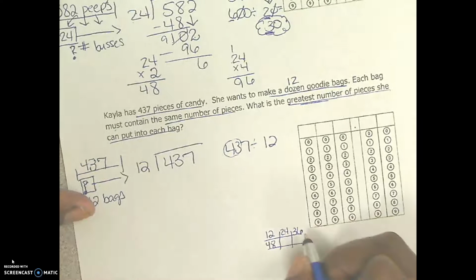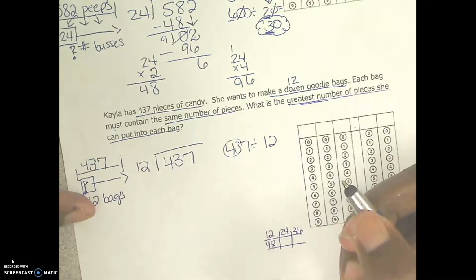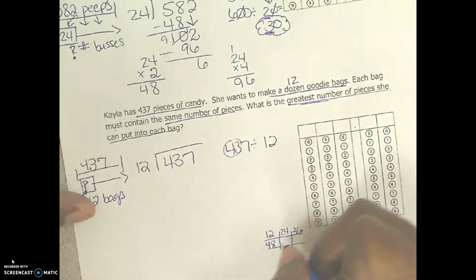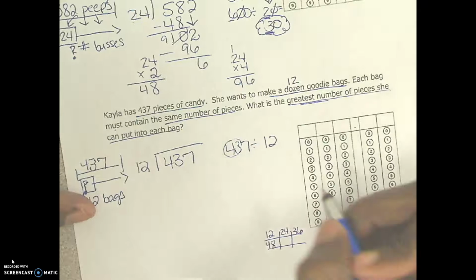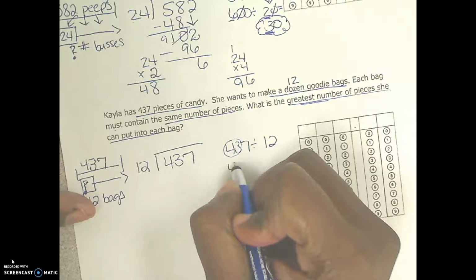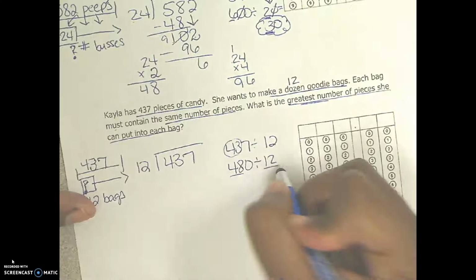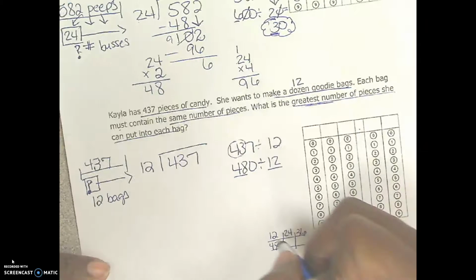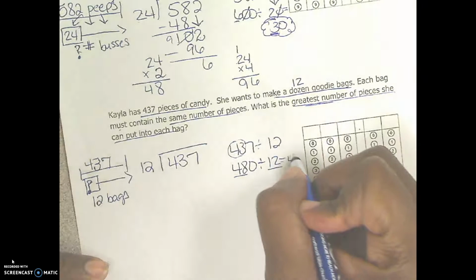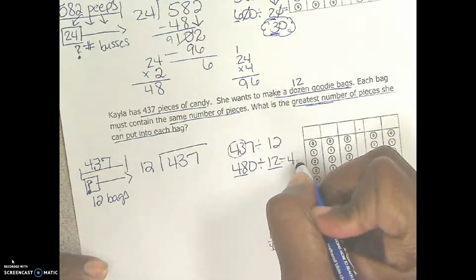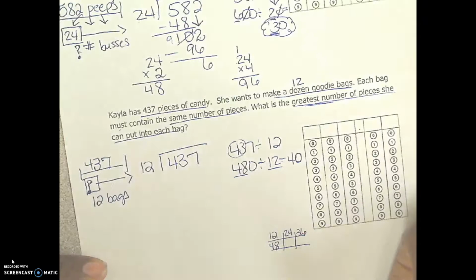Oh, I found my answer. I can change it to either one, 36 or 48, whichever one you want. I'm going to use a compatible number 48 because I think that's closest. 12 goes in 48. You can count 1, 2, 3, 4 times. And I have 0. So my answer should be close to 40.